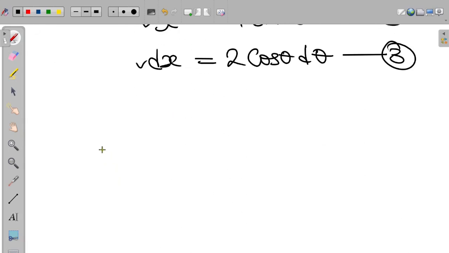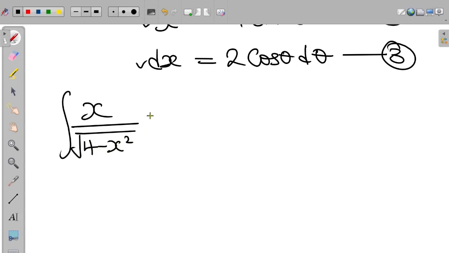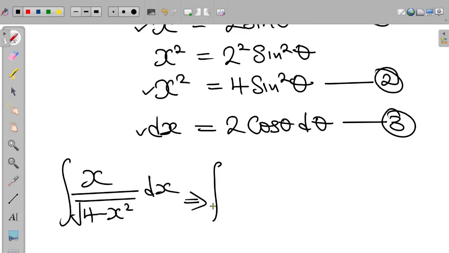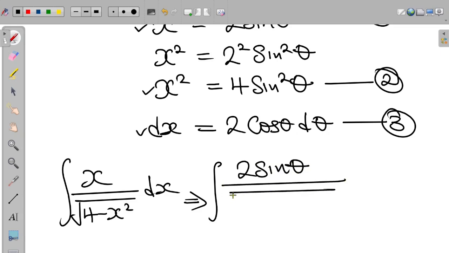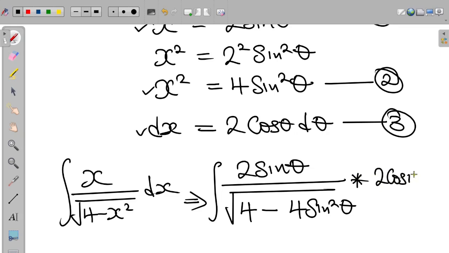The integral given to us is x divided by root of 4 minus x squared dx, which gives us for x, 2 sine theta, all divided by root of 4 minus x squared, which gives us 4 sine squared theta, and the dx gives us 2 cos theta d theta.